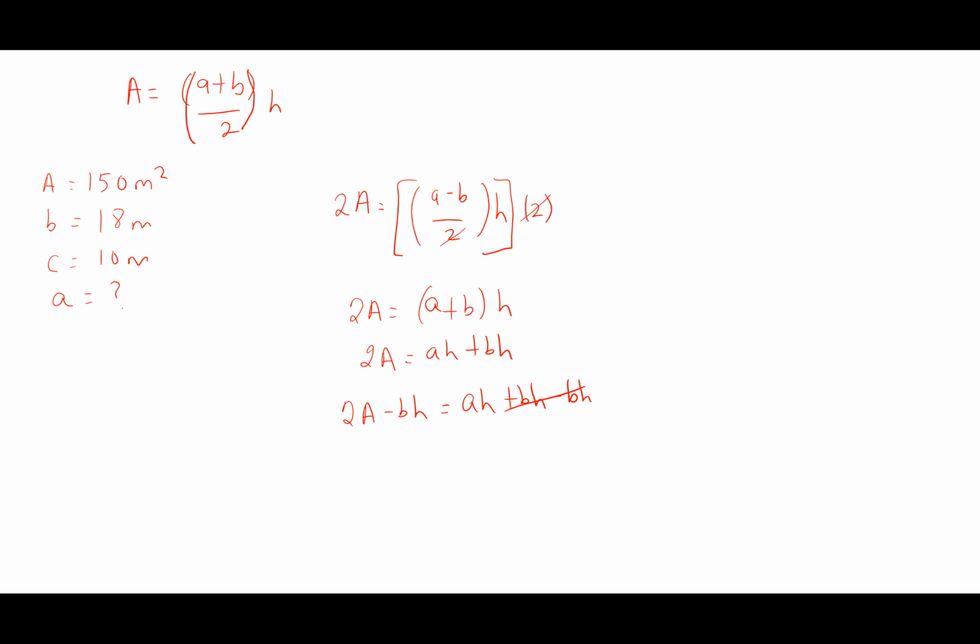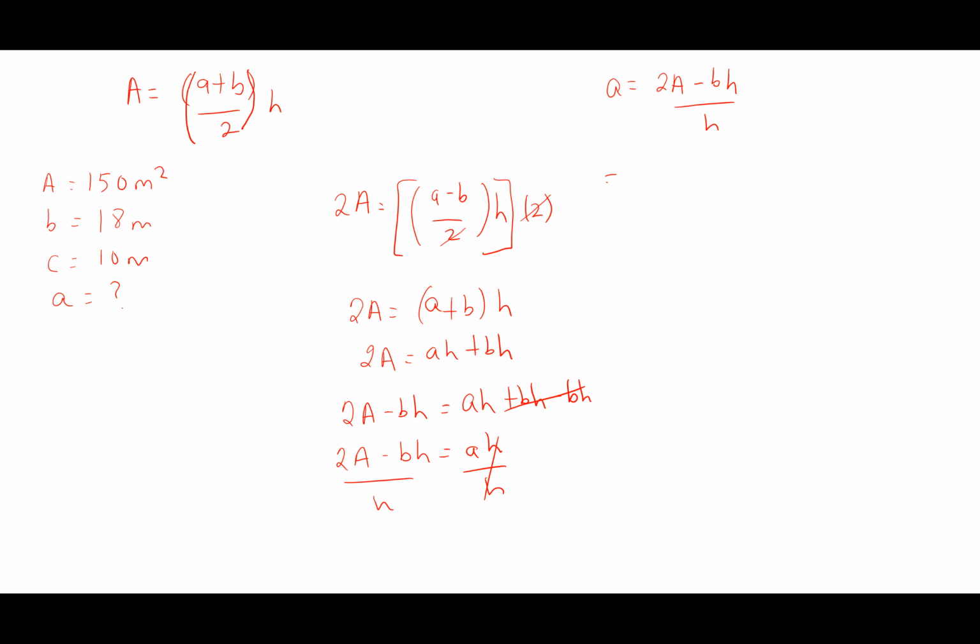So that's going to cancel, and we're going to get 2A minus bh equals ah. We need to get this a by itself, so we're going to divide both sides by h. So we do that, that cancels. And now a equals, let's put it up here, a equals (2A minus bh) divided by h.